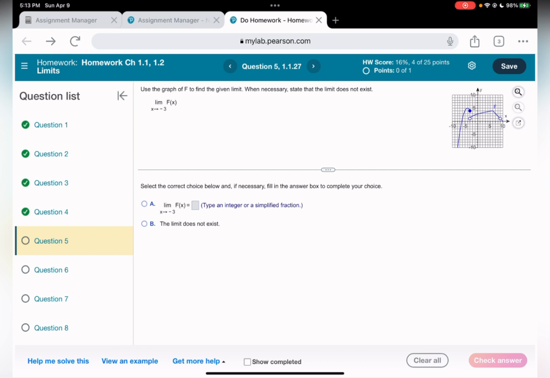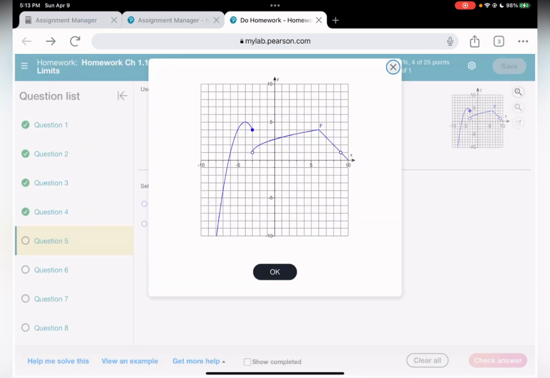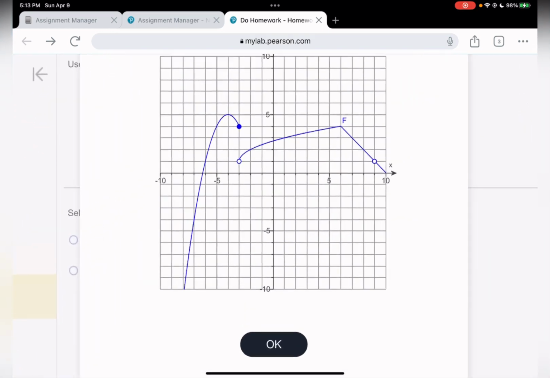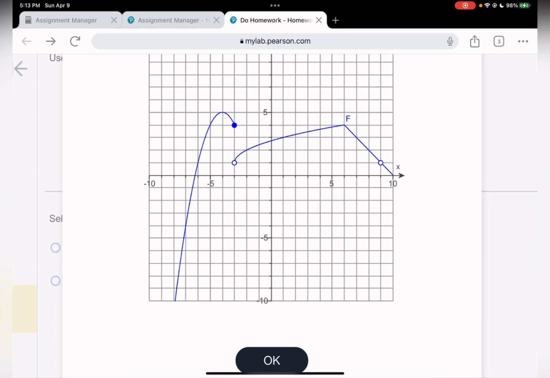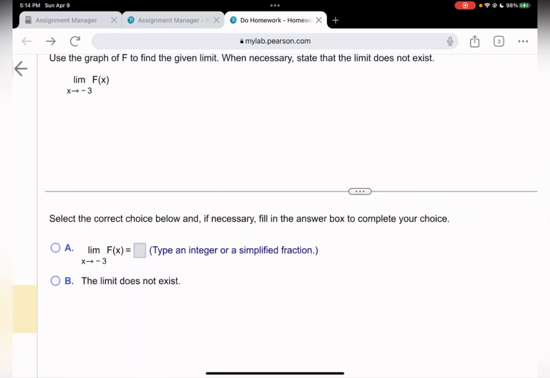When x is equal to negative 3. Okay, let's look. When x is equal to negative 3, what do we have? It approaches from both sides. Okay, so let's do it.